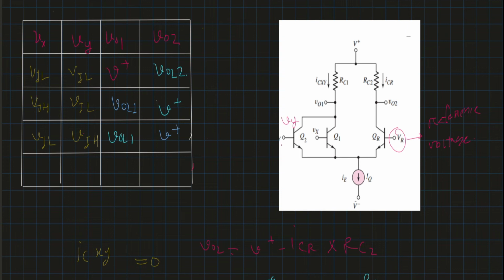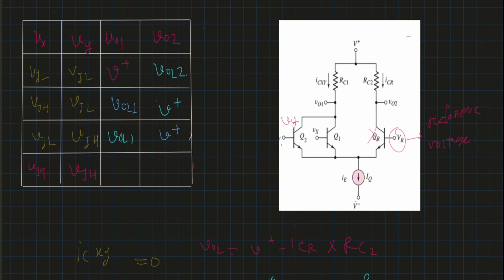Now case 4, when both inputs are logical high. In that case, this is almost the same, because the inputs of the two transistors Q1 and Q2 are at least 0.12 volt higher than the reference voltage. The transistor QR will be in cutoff condition and all the current will flow through Q1 and Q2.